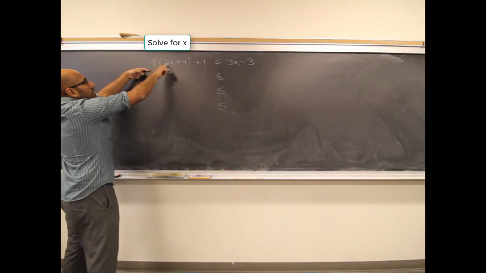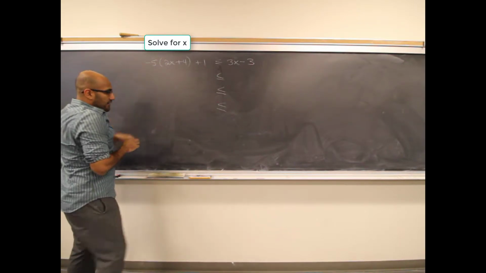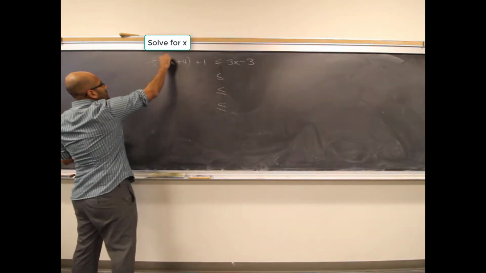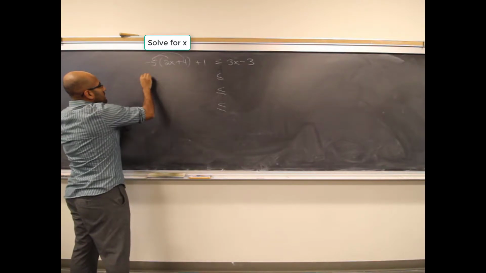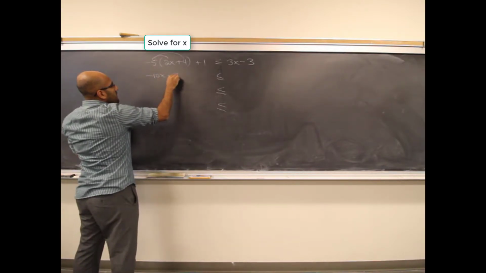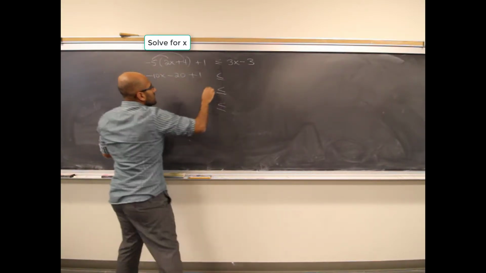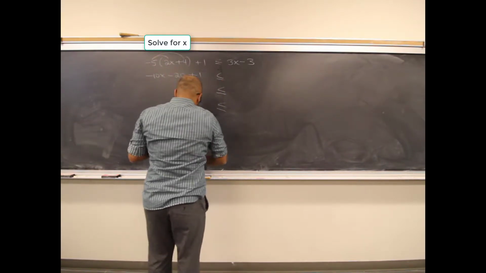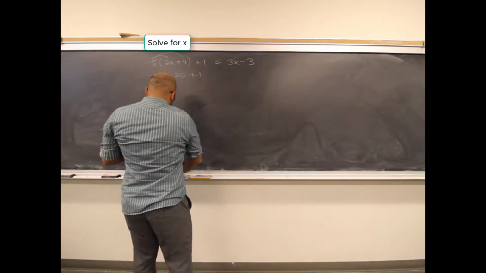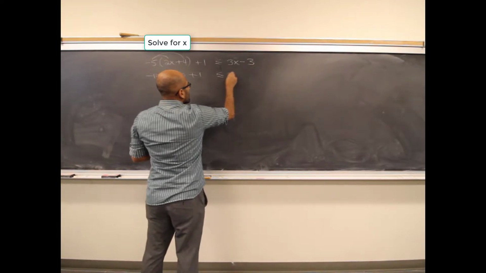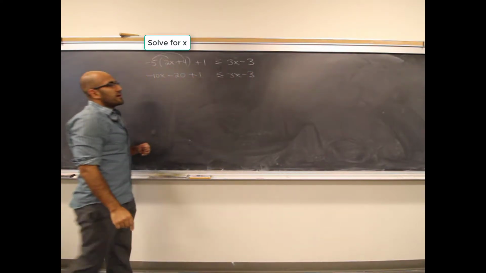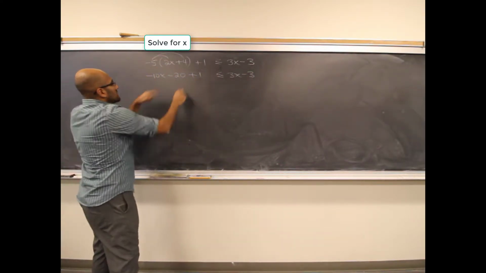Okay, so the first thing I do is distribute this guy, right? Distribute, combine like terms. I end up with negative 10x minus 20 plus 1 is less than or equal to 3x minus 3, nothing to do over there. I'm going to combine these two.